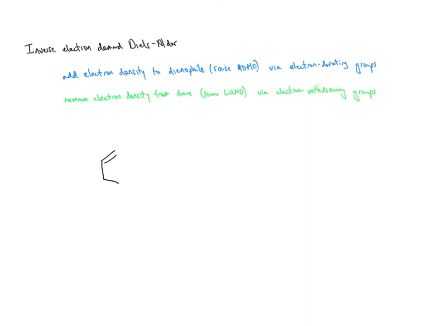So let's take a diene now, and let's add in some electron withdrawing groups. I've got, let's say, this ester, and then let's say we've got a dienophile that has an electron donating group on it, and they're going to react together to give us a new product.